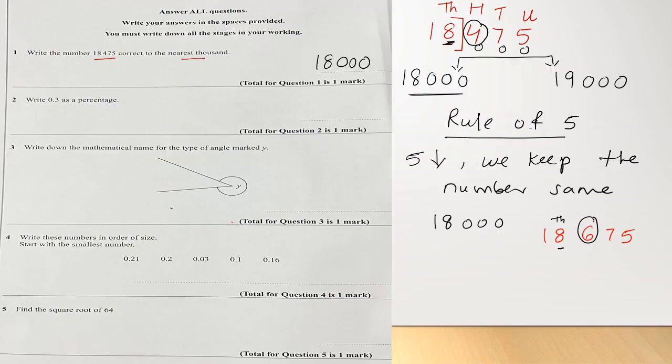So if your number is 5 or more than 5, the rule says add 1 to the 1000 place. So you have stopped on 18, and 18 plus 1 will be 19, and then your answer will be 19,000.